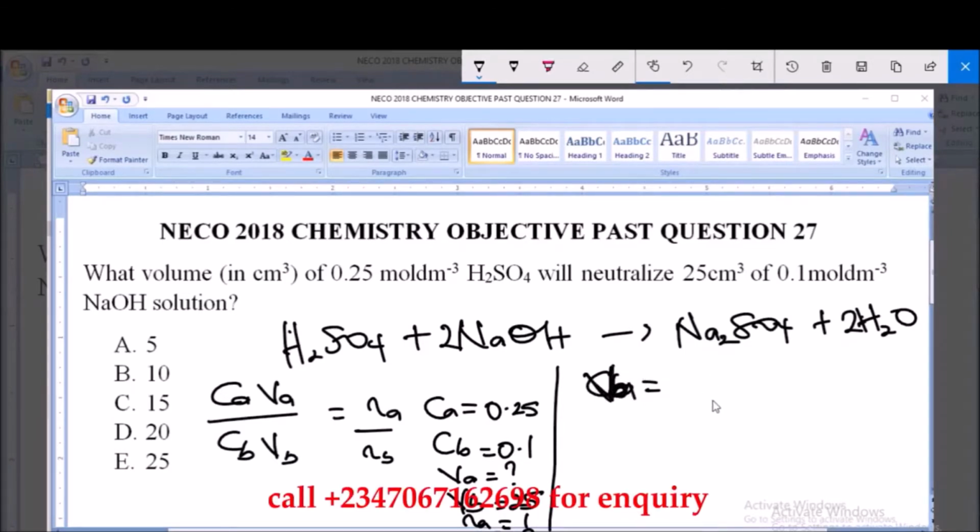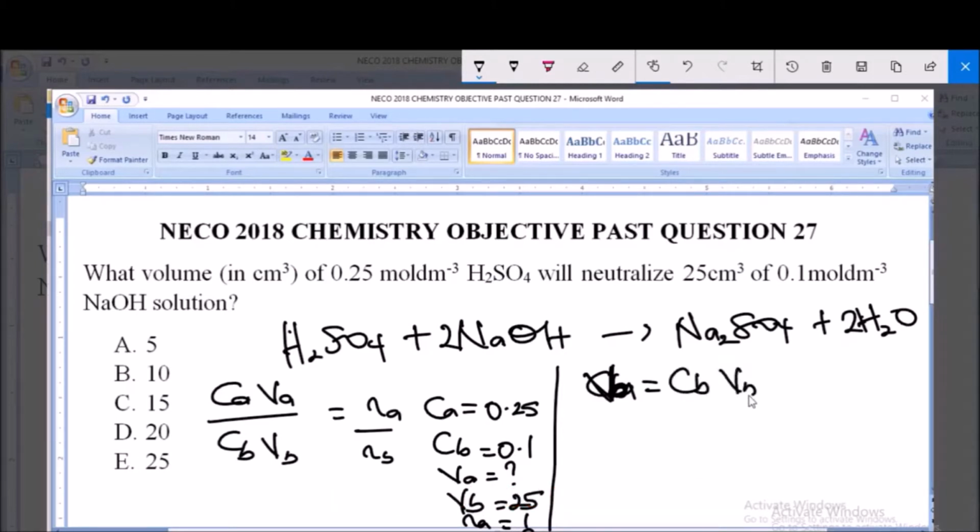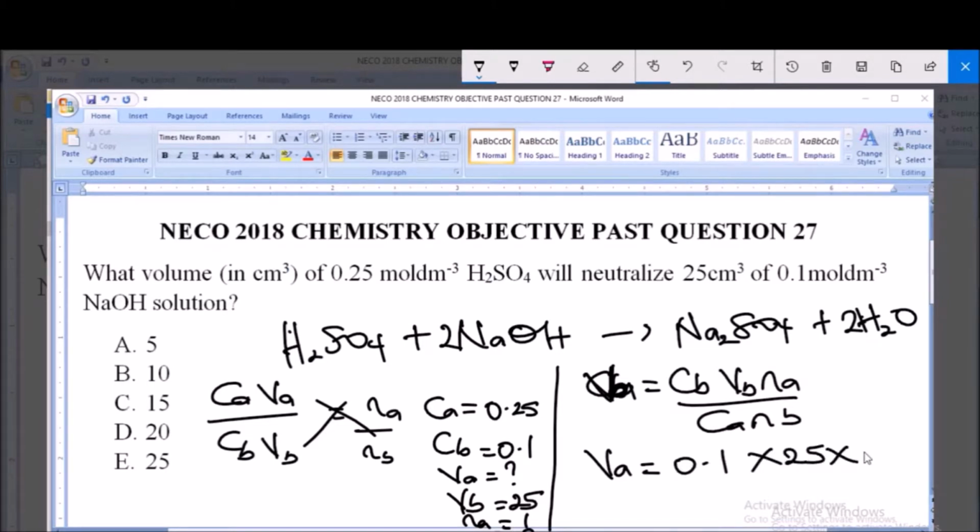So we can say Va is equal to Cb Vb Na over Ca Nb. That's from this equation. So we've made Va the subject of the formula by cross multiplying. So we have that Va, the volume of the acid, which is what we're looking for, is equal to 0.1 multiplied by 25 multiplied by 1 over 0.25 multiplied by 2.